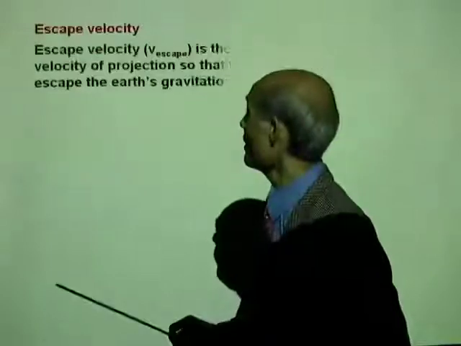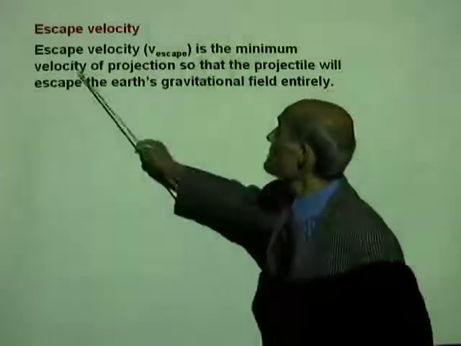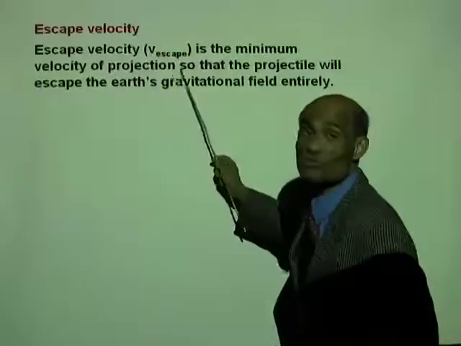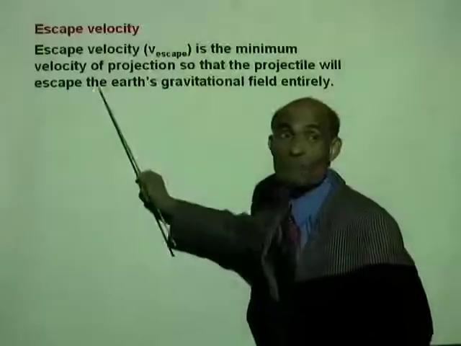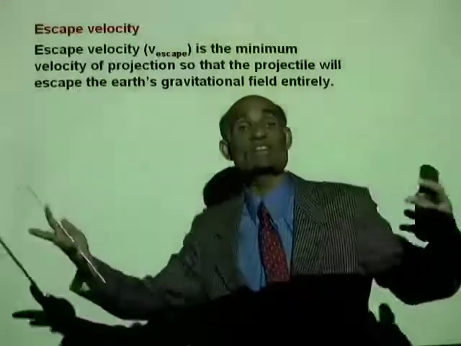Let's now talk about escape velocity. We are now in a position to talk about it. Escape velocity is the velocity that you need to give to an object so that the object escapes the potential well. All right, let's figure it out. Escape velocity v_escape is the minimum velocity of projection so that the object will escape the Earth's gravitational field entirely.